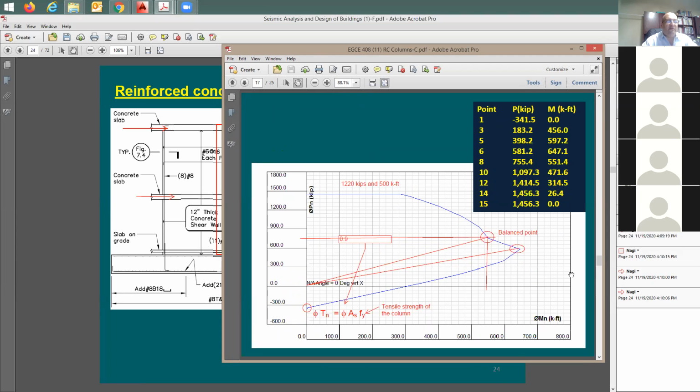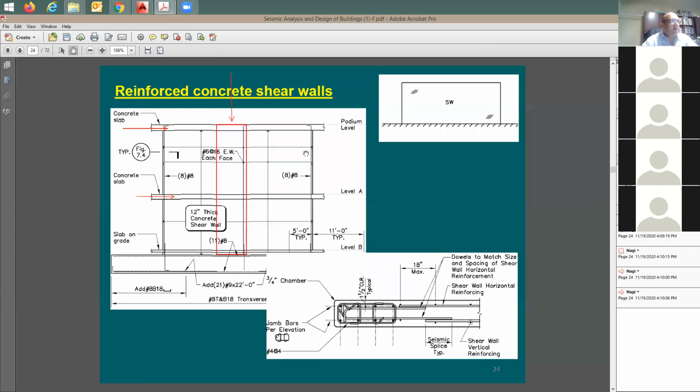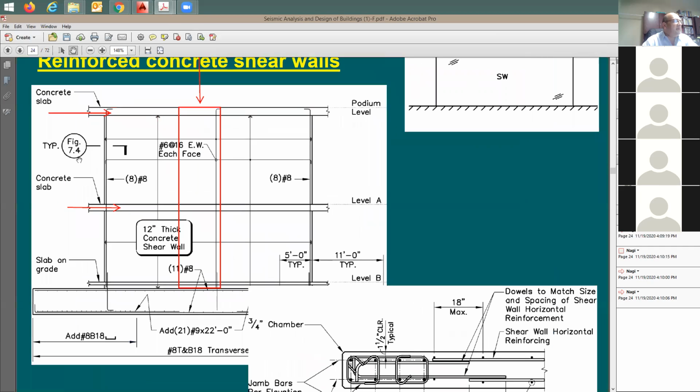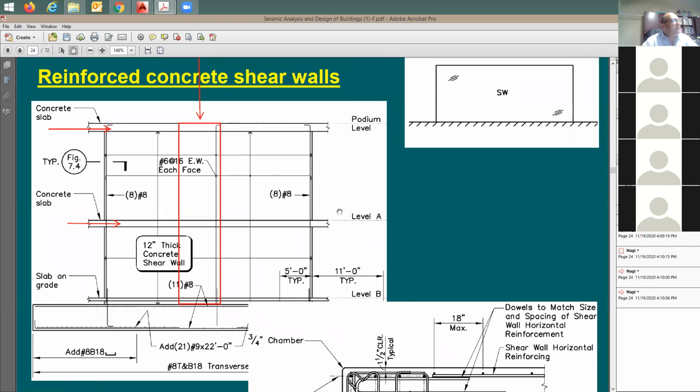And moment. So you have a combination of moment and axial load. Same thing here. You see this wall exposed to axial load and moment. So you can do the interaction diagram with the software. And when you do this, you need to model, or use, all the reinforcing bars that you have. I can go quickly through this and explain what you're looking at.